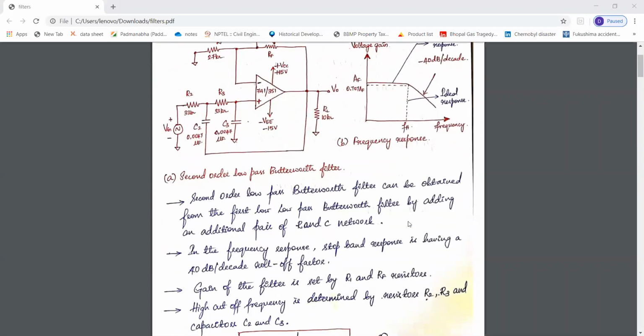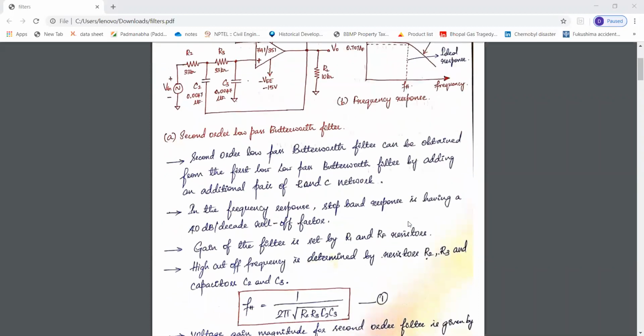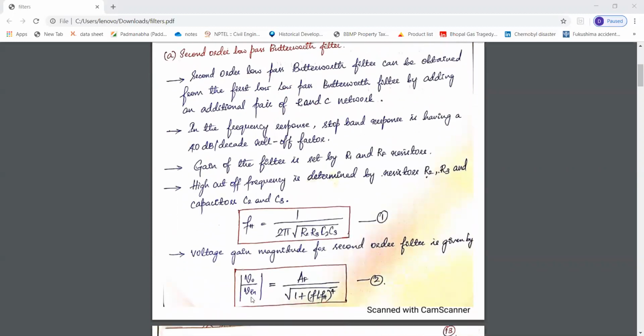The high cutoff frequency is given by 1 by 2 pi into square root of R2 R3 C2 C3, and the magnitude of the second order filter is given by magnitude of V0 by Vin is equal to AF by square root of 1 plus (F by FH) whole power 4.